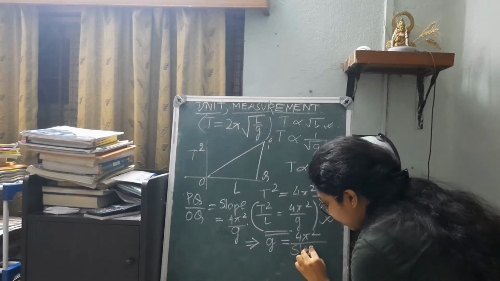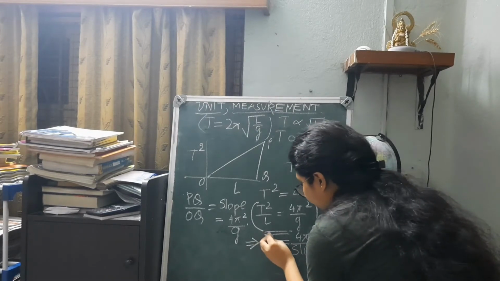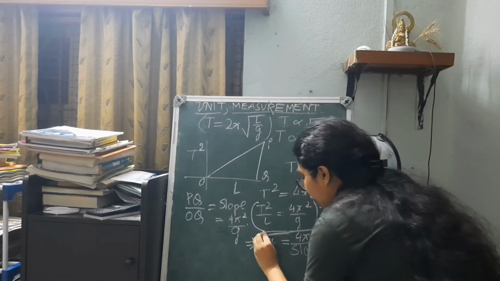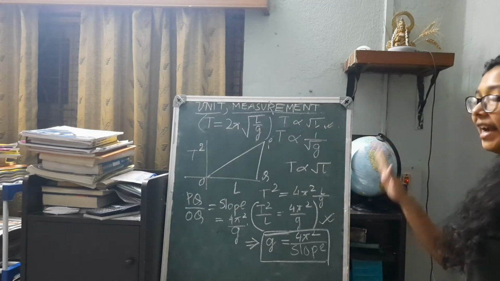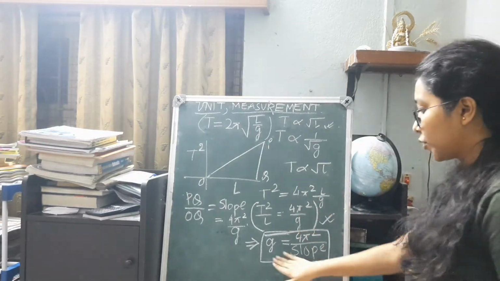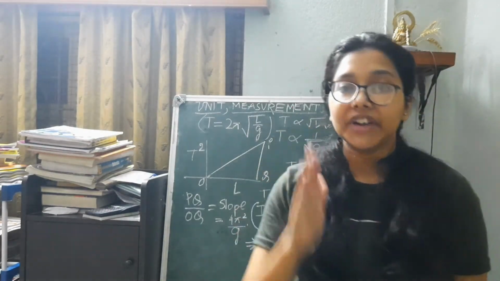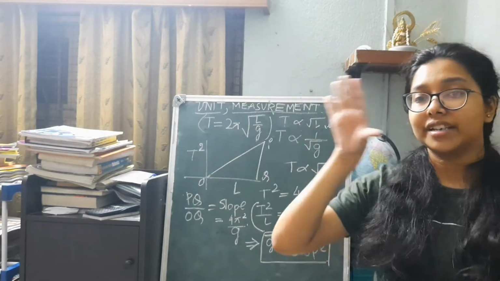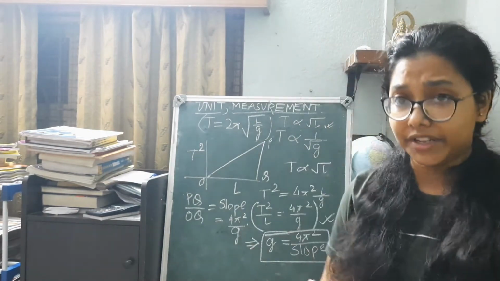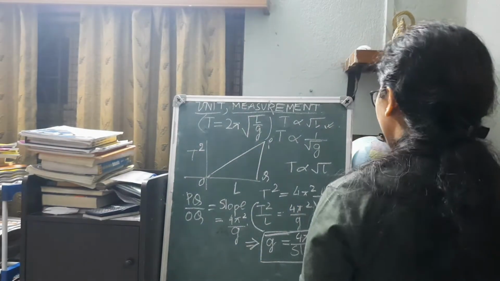So if you calculate the slope of the graph and divide 4 pi square by it, you get the value of the acceleration due to gravity at the place where the pendulum is present. Okay, so that is how it is determined.